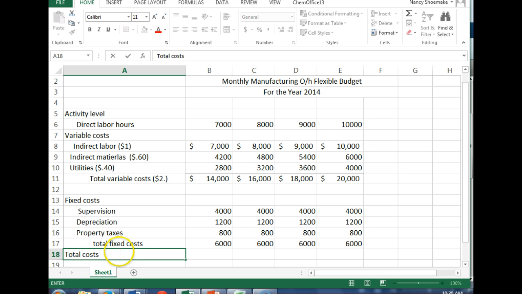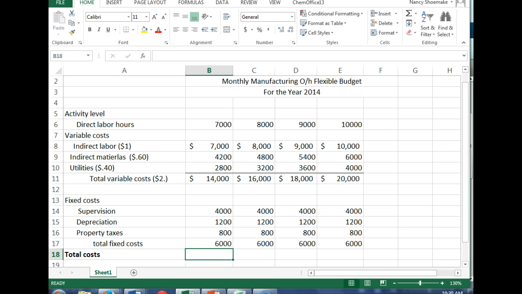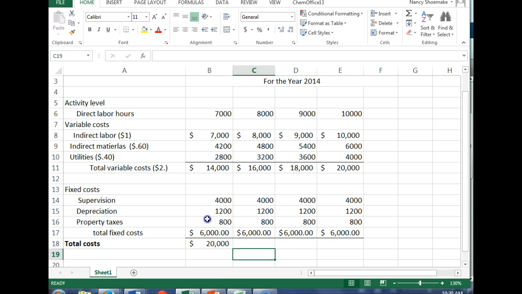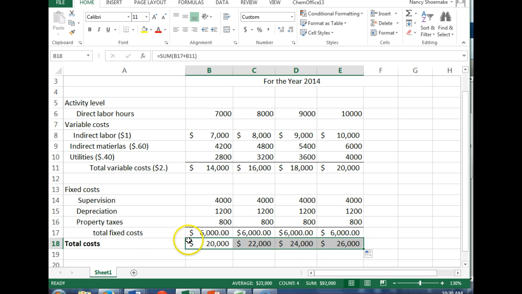Now total cost for both fixed and variable is going to be our 6 here plus our variable costs to determine our total cost throughout the period. So basically here we've got our total cost with 7,000 labor hours. Activity level is at 20,000, 8,000, 22, 9,000, 24, and 10,000, 26.